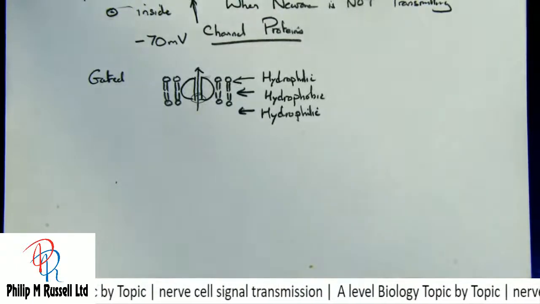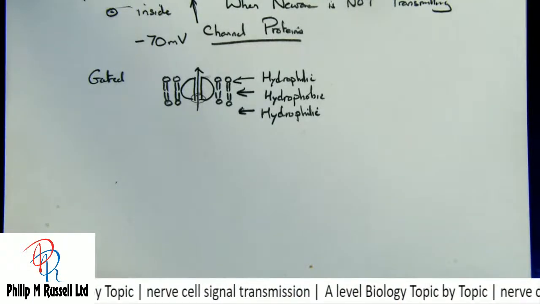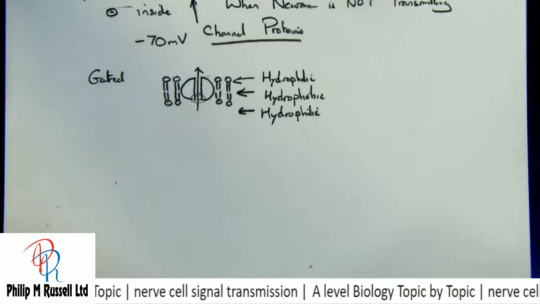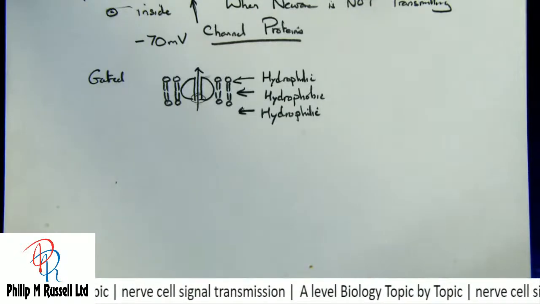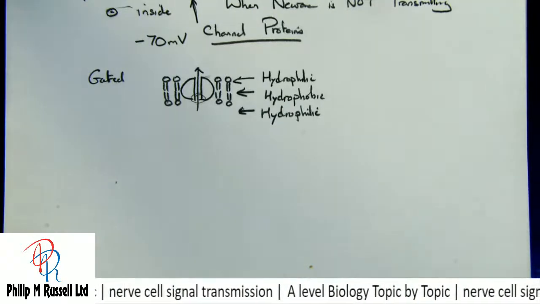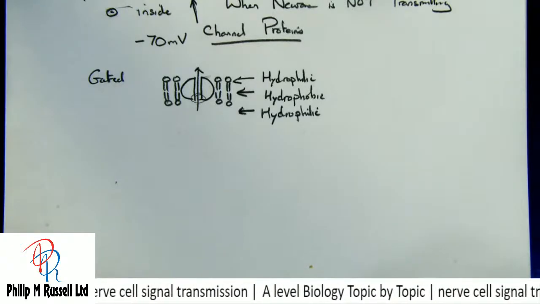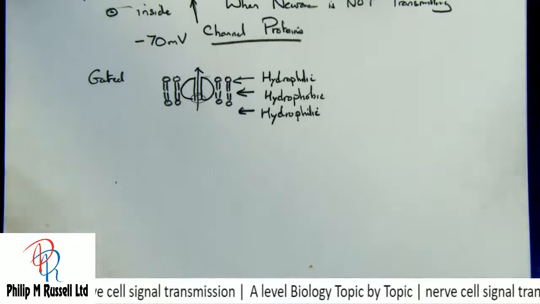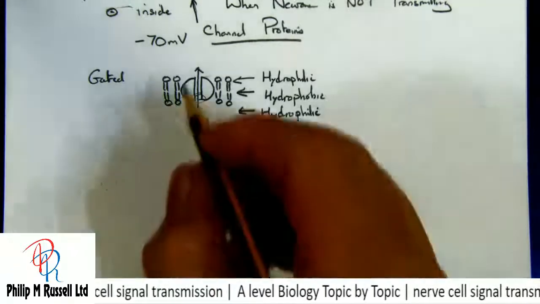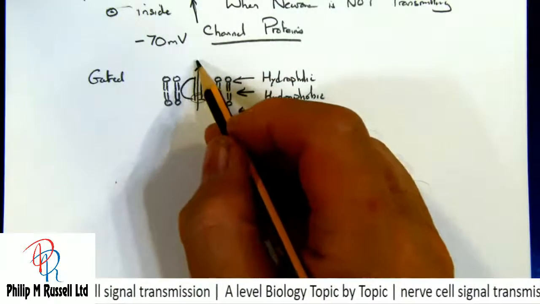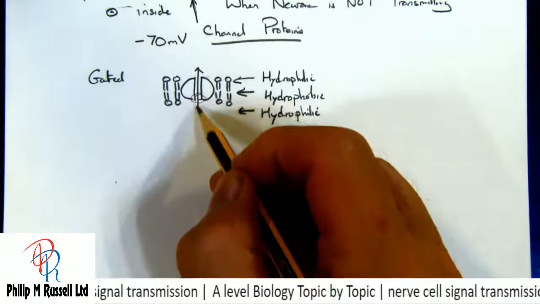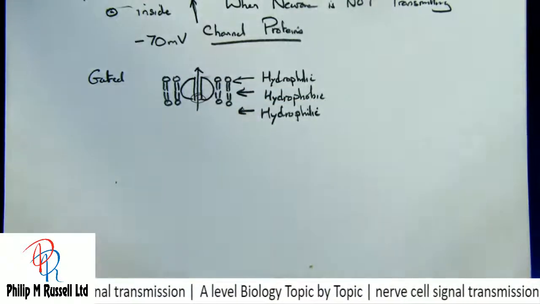So we've got some channels that are open all the time, and this allows sodium and potassium ions to diffuse through them. So they can always diffuse out, but they can't necessarily diffuse in.